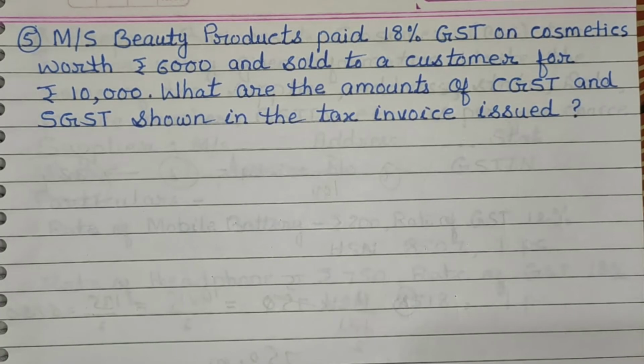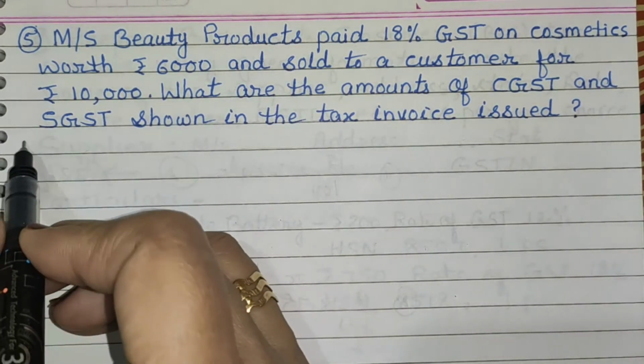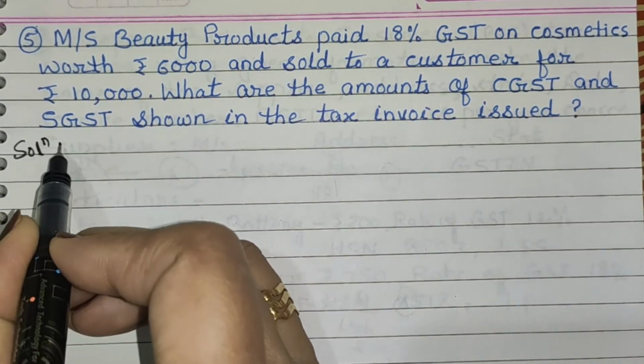Now next question is: Mrs. Beauty Products paid 18% GST on cosmetics worth rupees 6,000 and sold to a customer for rupees 10,000. What are the amounts of CGST and SGST shown in the tax invoice issued? Write down here the solution.